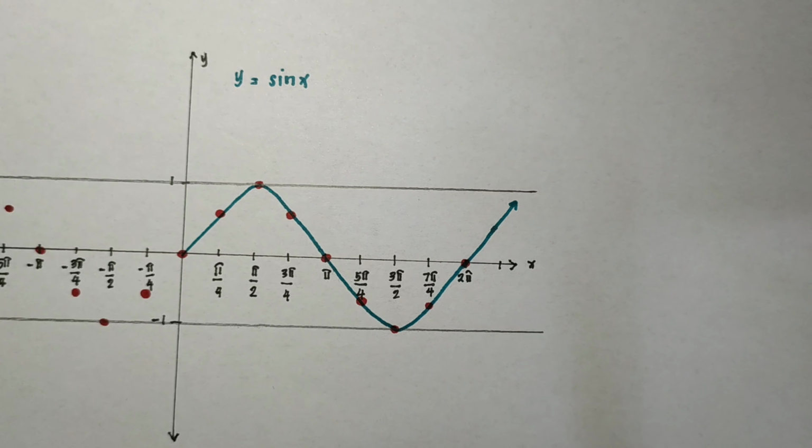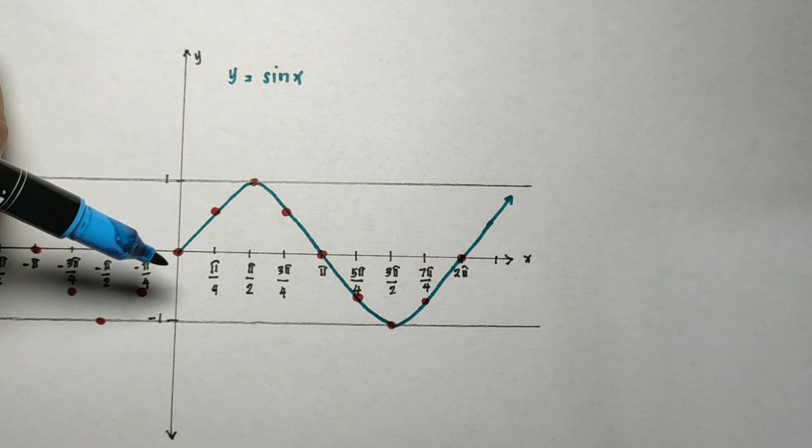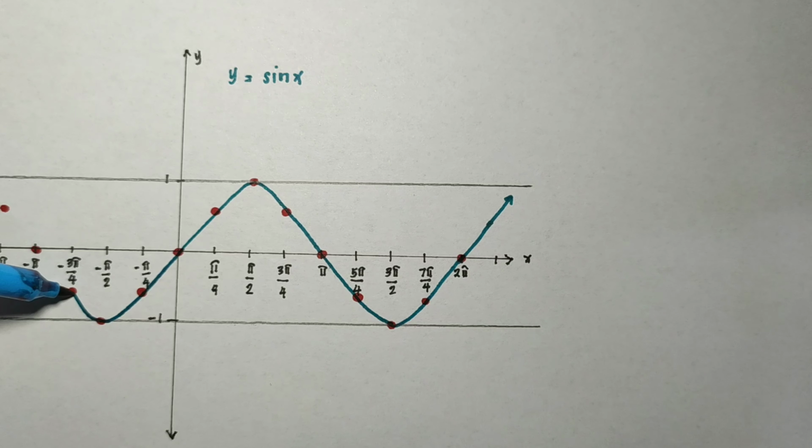Let us now connect these points using a smooth curve. So this is now the graph of y equals sine x on this part, and so on.